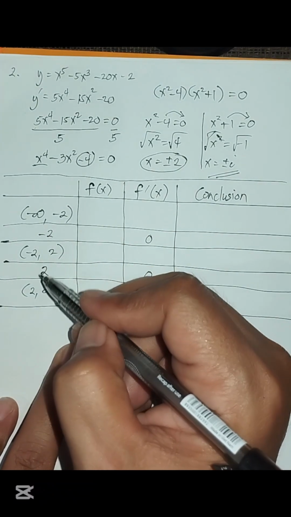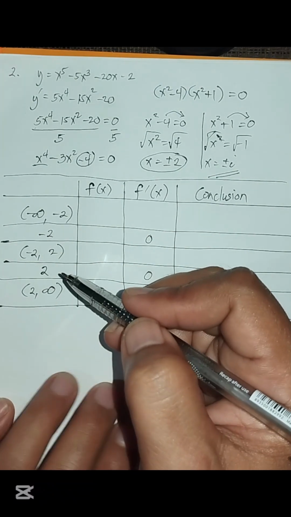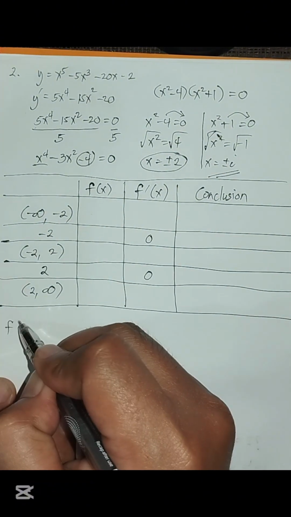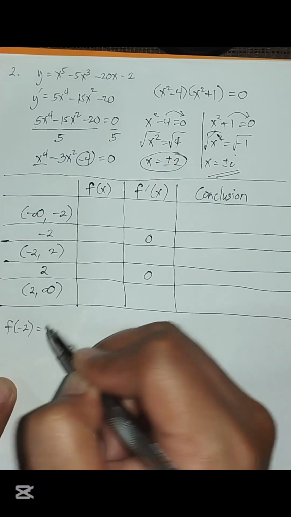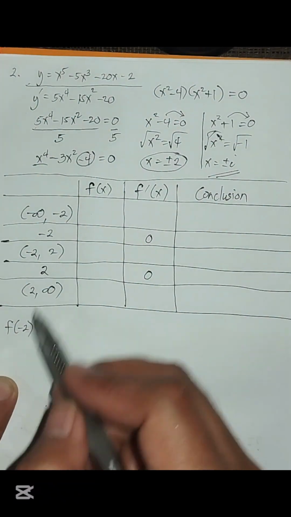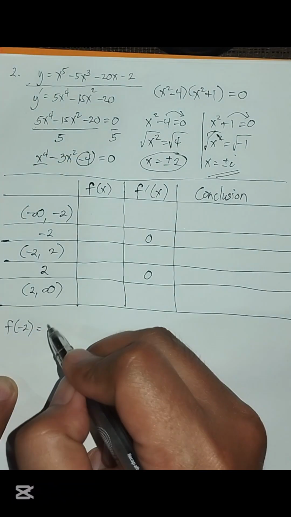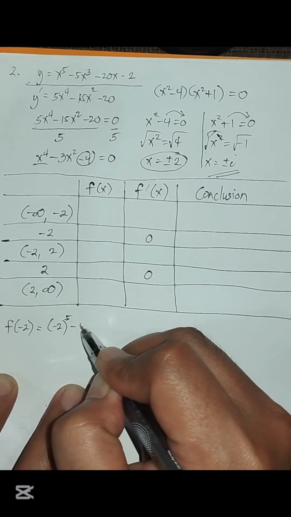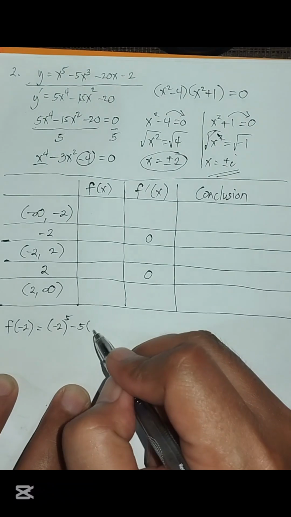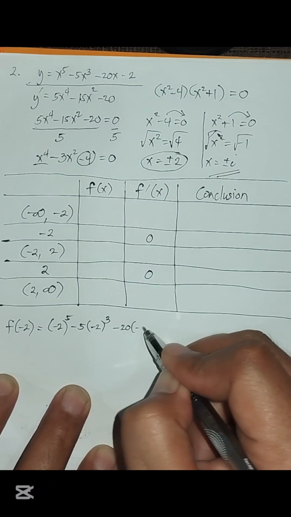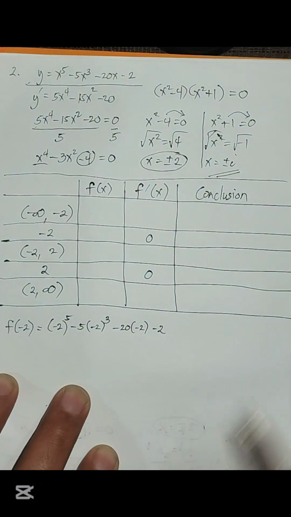So let's solve f of negative 2, to find the maximum or minimum point. Let's substitute negative 2 for every x in the original equation. So we have negative 2 to the fifth minus 5 times negative 2 cubed minus 20 times negative 2 minus 2.